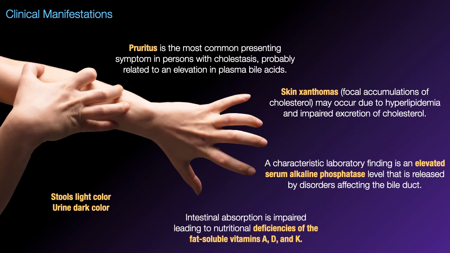Okay, so in this case, conjugated bilirubin excretion will increase in the urine since it's being removed from the blood through the kidneys, what we call bilirubinuria. Okay, that means bilirubin in the urine, and will cause the urine to be darker.